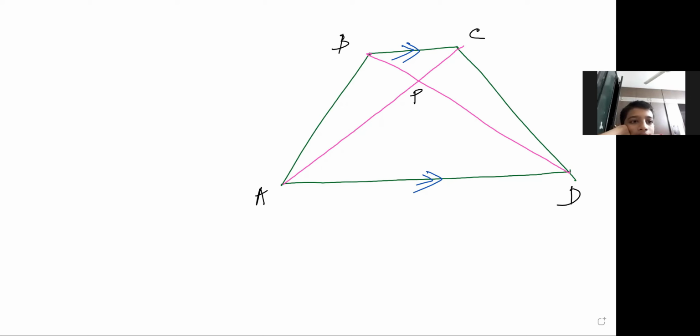You understand similar triangles now? Yes, sir. This angle is equal. Then these angles are equal. So all the three angles are equal. So when all the three angles are equal, we can say that triangle APD is similar to CPB. This is the symbol for similar.